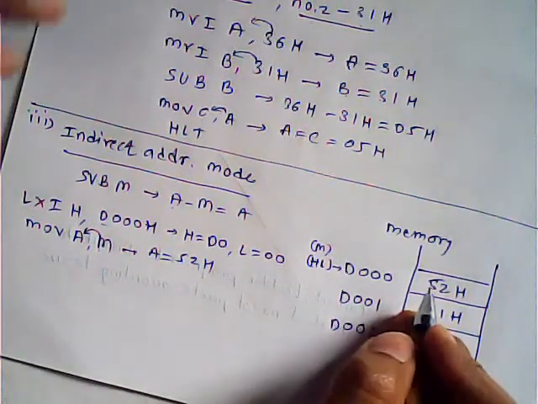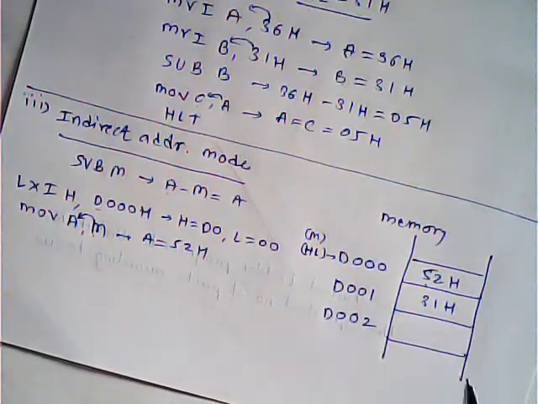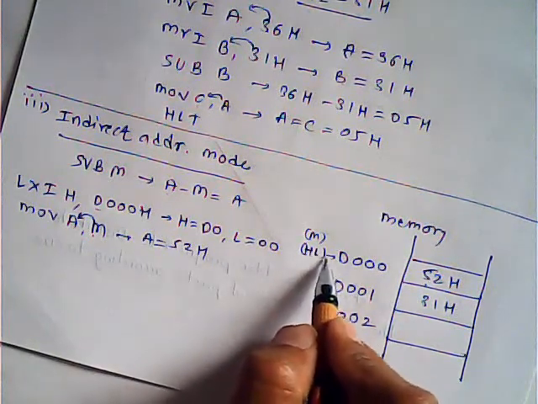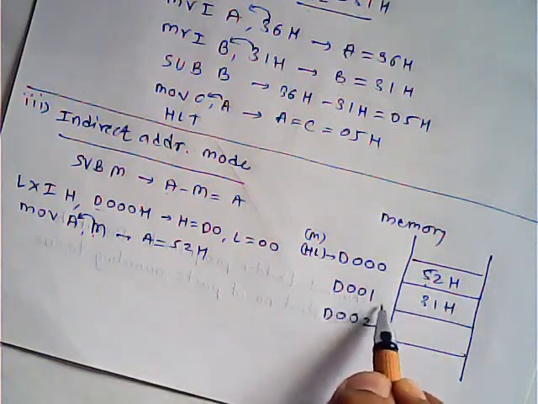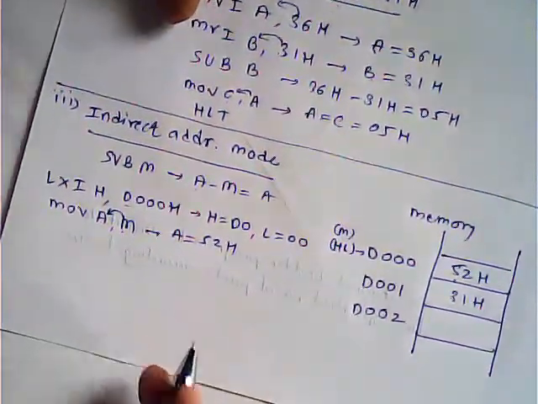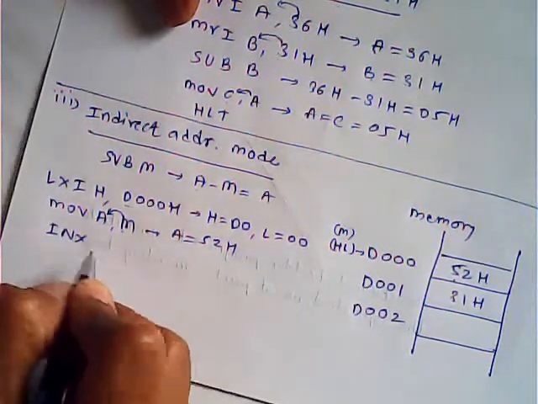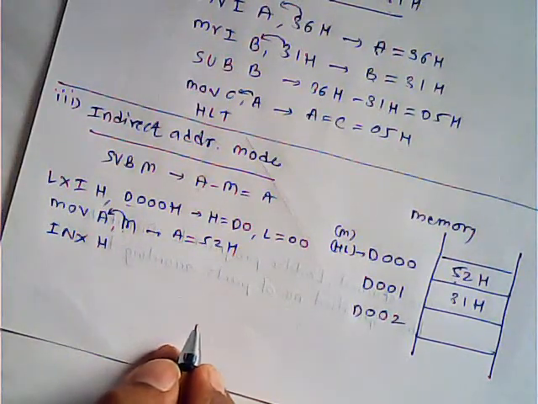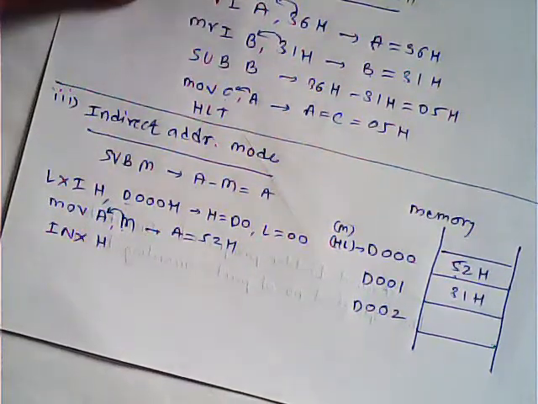Now the next number, 31 hex, is available at the next location, D001, and the memory pointer is at location D000. To fetch the next number, it is required to increment the memory pointer by 1. So we use the increment instruction INX H, which increments the specified register pair by 1.